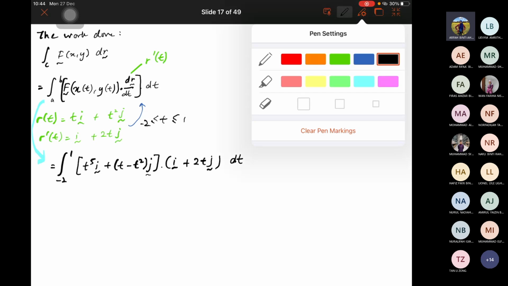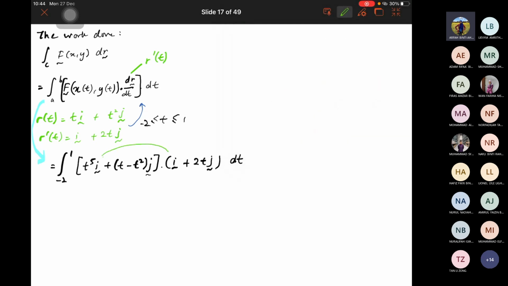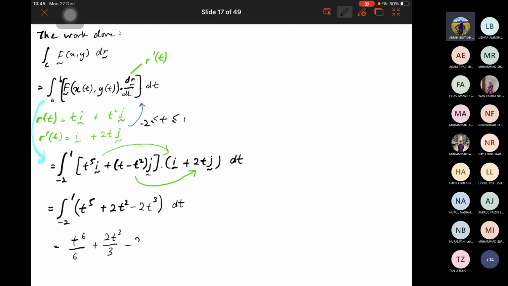So this is the dot product, meaning that ni darab dengan ni and this one multiply with this one. So equal to negatif 2 sampai 1 t kuasa 5 tambah dengan 2t kuasa 2 tolak 2t kuasa 3 dt. So integrate t kuasa 6 per 6 tambah 2t kuasa 3 per 3 tolak 2t kuasa 4 per 4, negatif 2 sampai 1.